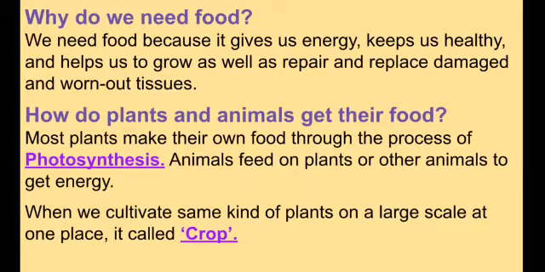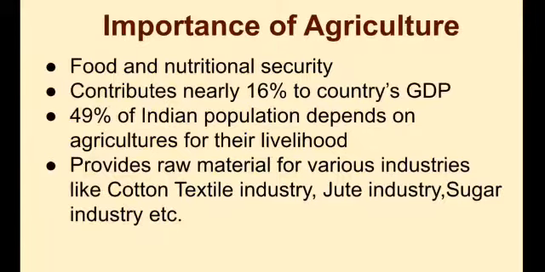Now we are done with the two definitions, agriculture and crops. So let us understand the importance of agriculture. Why is agriculture important? It is important for food and nutritional security.